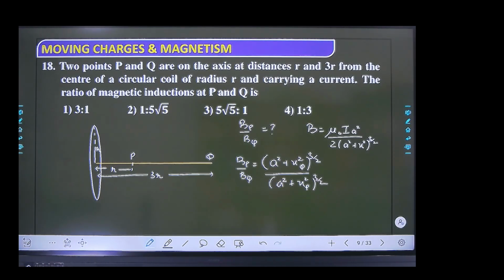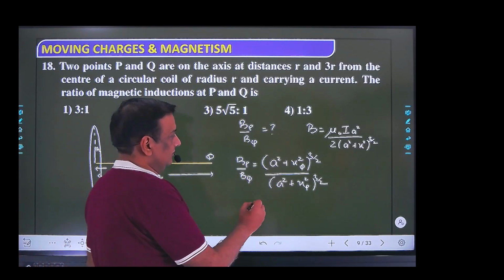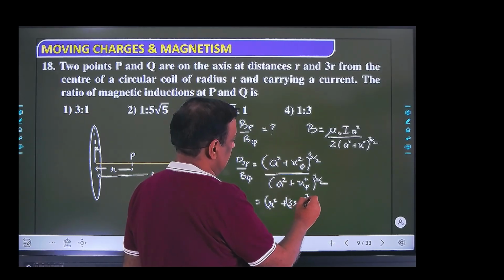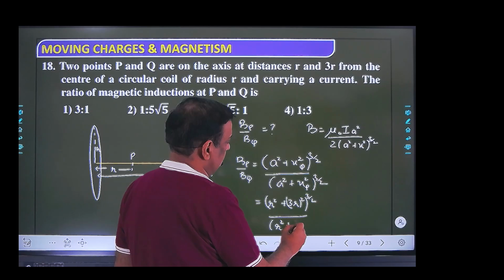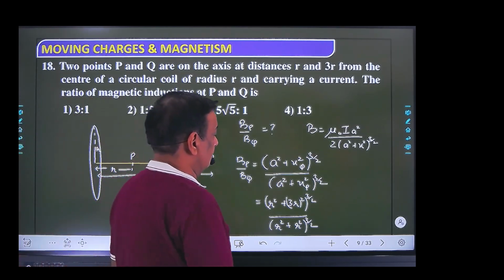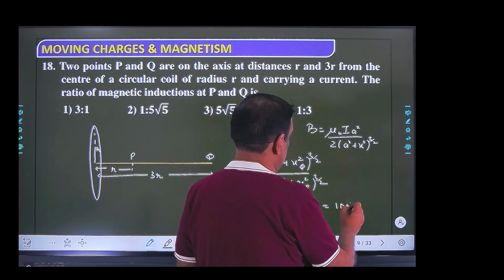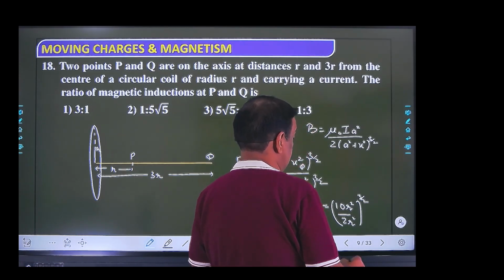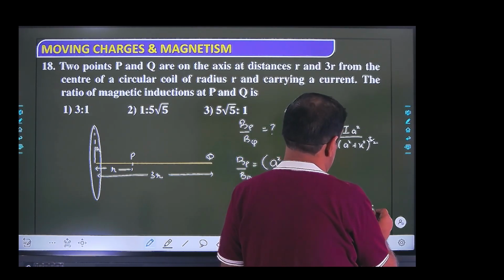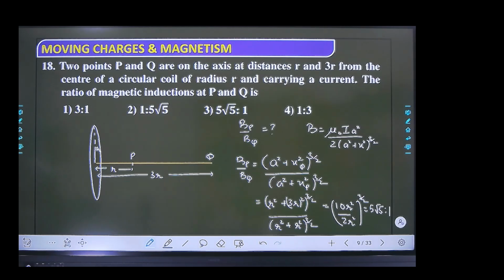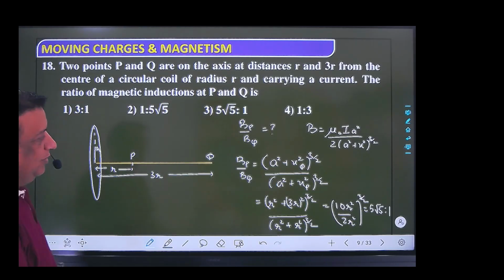XQ is 3R, XP is R, and a is R. The ratio comes out as 5.5 to 1. Clear? The numerator was the same, so we found the value of BP by BQ.